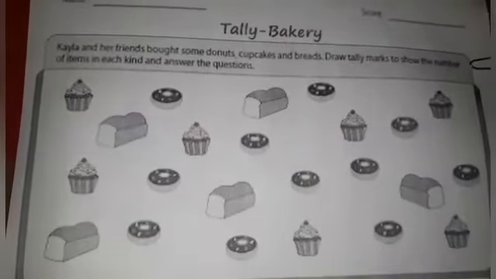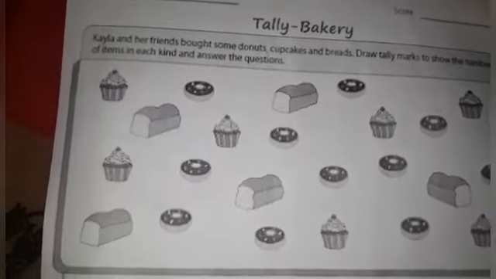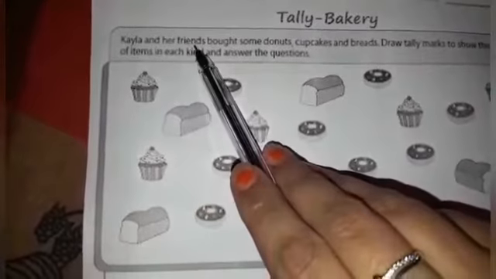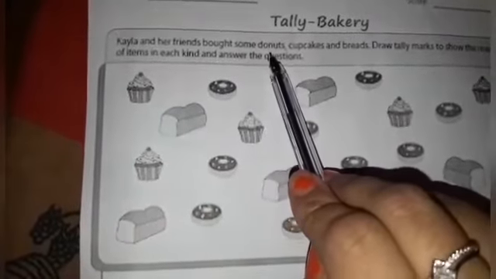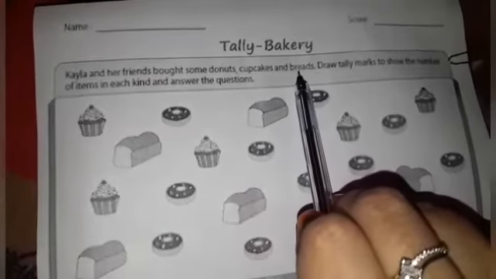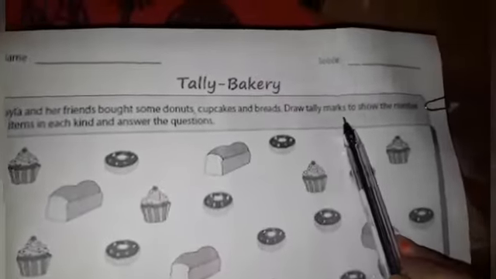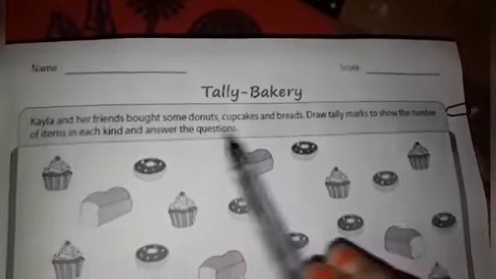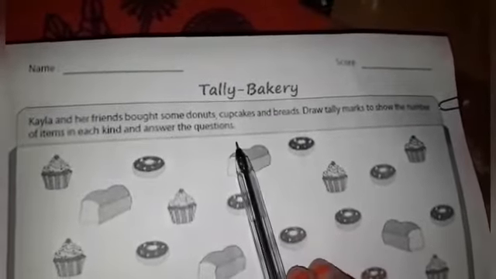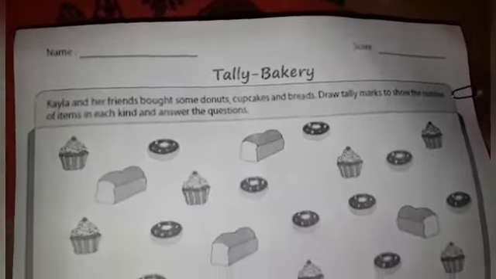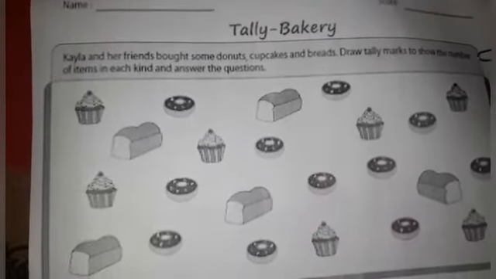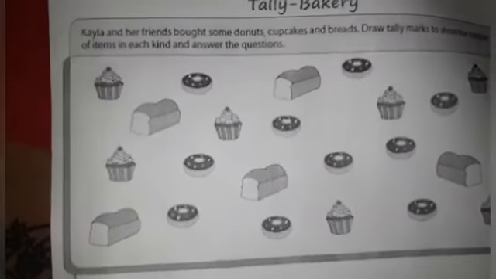Now let us do one question. Kayla and her friends bought some donuts, cupcakes and breads. Draw the tally marks to show the number of items in each kind and answer the questions. Now how can we do this?